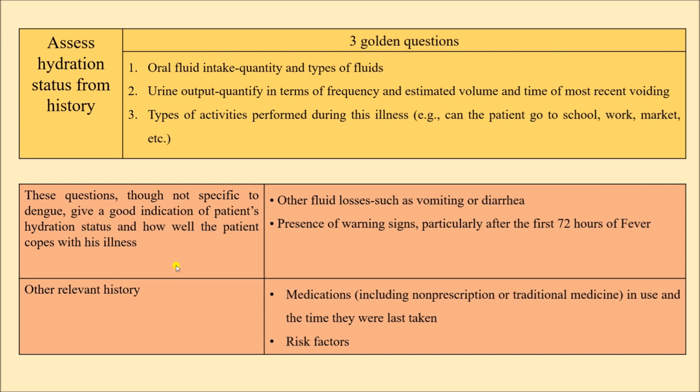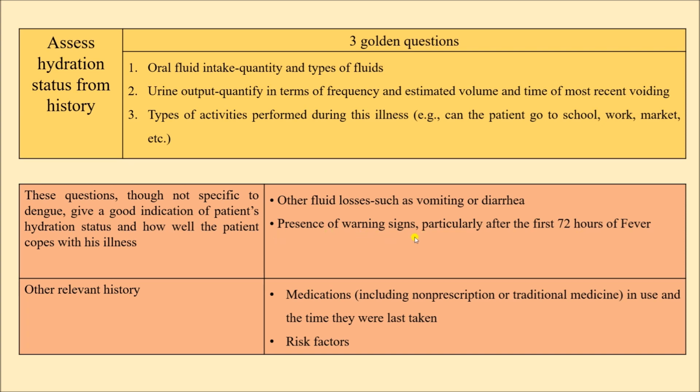There are certain other questions which are not specific to dengue but also give us a good indication about the hydration status of the patient and also how he is coping with the illness. For example, if there are any other fluid losses such as vomiting or diarrhea, or any presence of warning signs, particularly after the first 72 hours of fever.